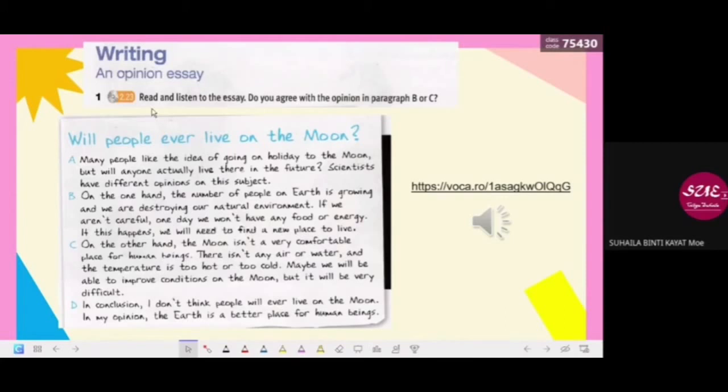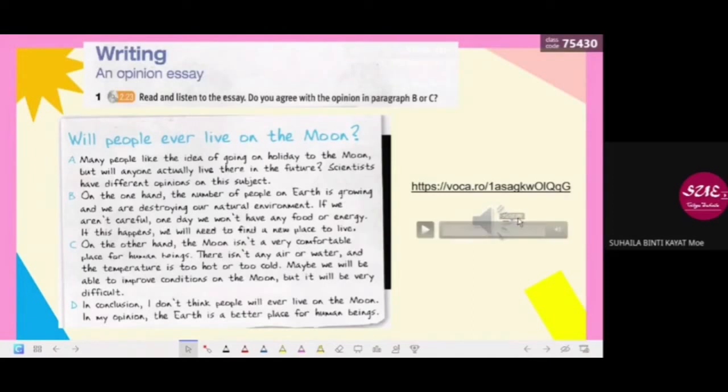So this is from your textbook. Now take out your textbook, turn to page 60. If you can't see, you can refer to your textbook. Read and listen to essay. Read, baca and listen.